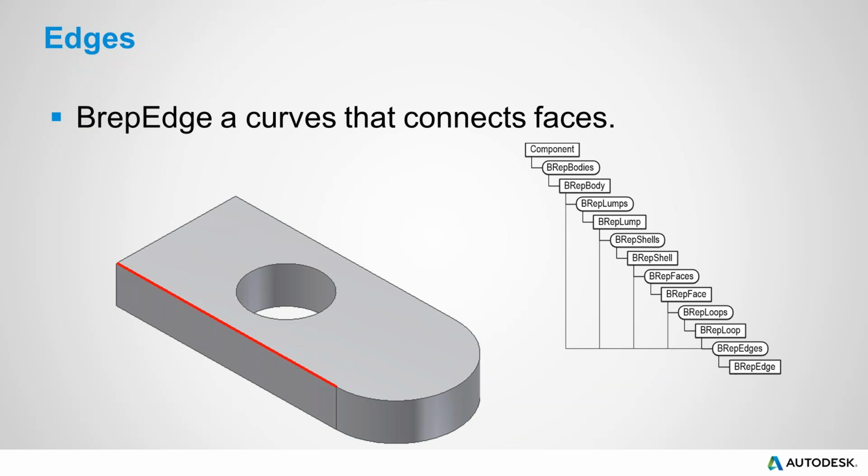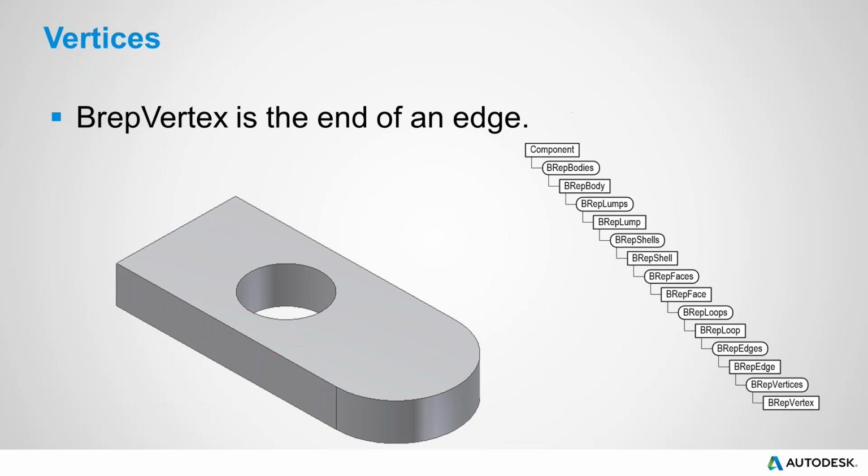And the same as with a face, there are shortcuts to get to edges. From a body, I could say, just give me all of the edges in this body. Or from a shell, give me all the edges. From a face, give me all of the edges. So there are different ways to get collections of edges. And then a vertex, which is a little point at the end of an edge. Just as an edge isn't specific to a face but is shared, the same is true of a vertex.